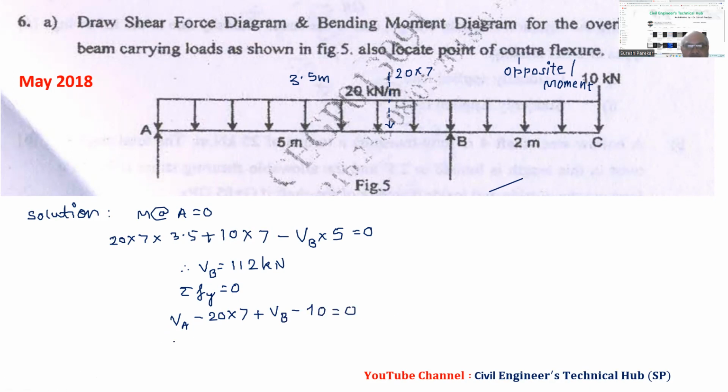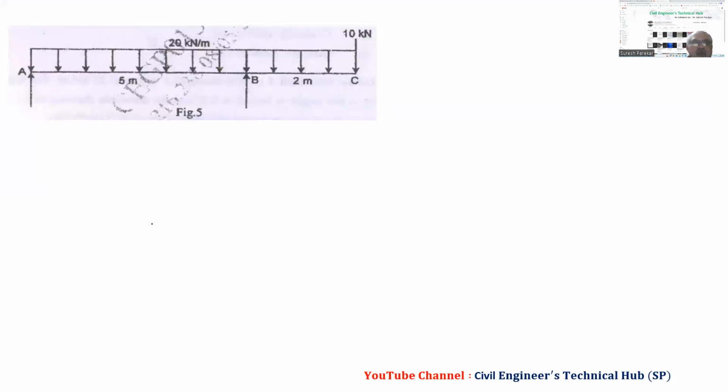From this we will get VA equal to 140 plus 10, 150 minus 112, that is equal to 38 kilonewton. So VA is 38 kilonewton and VB is 112 kilonewtons.